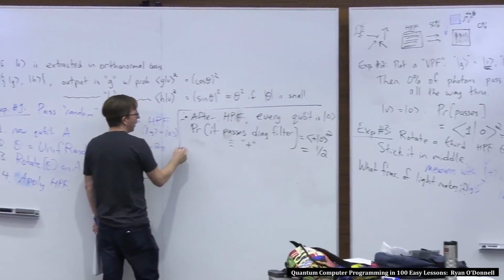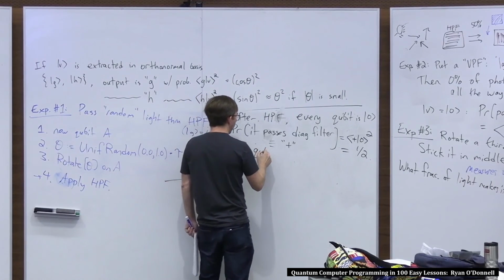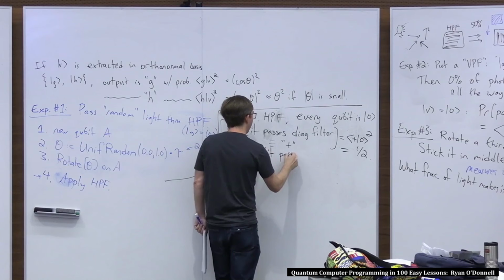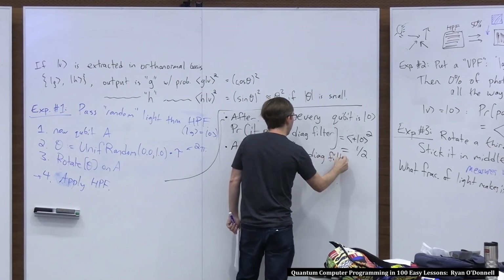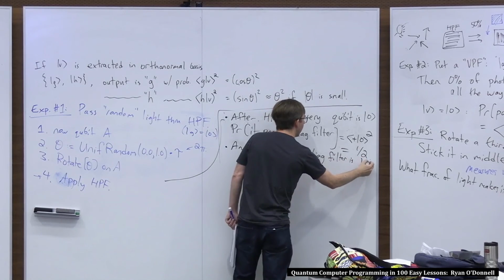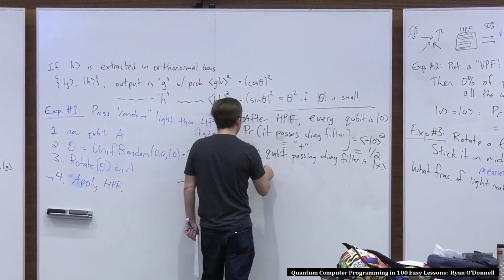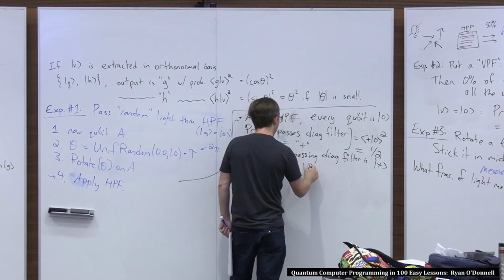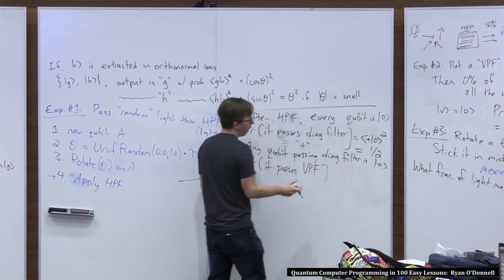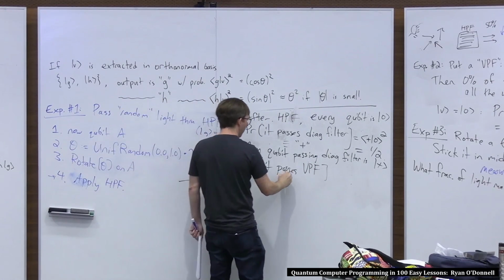And then we have a similar calculation: any qubit passing the diagonal filter is in the state ket plus. So then what's the probability it passes the vertical filter? There's the probability that you measure ket plus and you get 1.